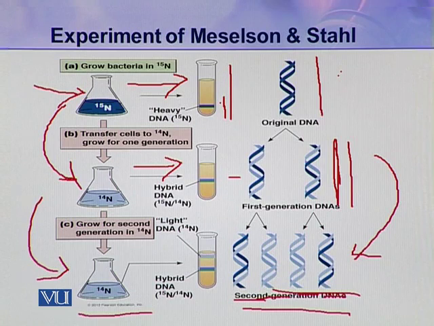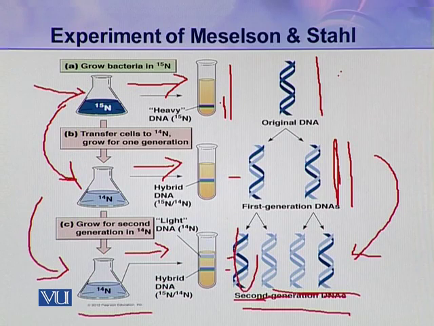When they centrifuged the DNA, they found two bands, one of lighter DNA, which contained N14, and the other of hybrid DNA, which contained N15 and N14.